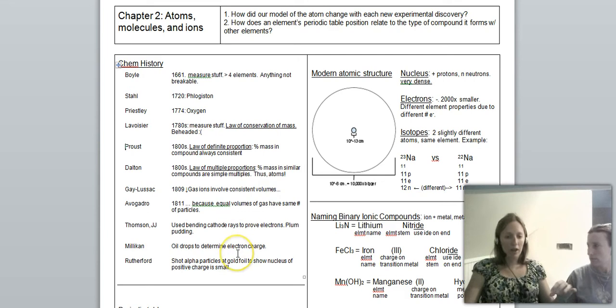What he was able to find is that with those tiny little particles of oil with an unknown number of electrons on them, he was measuring the charge on each oil drop and getting numbers like 9 and 15 and 36 and 6, everything ending up being divisible by 3.